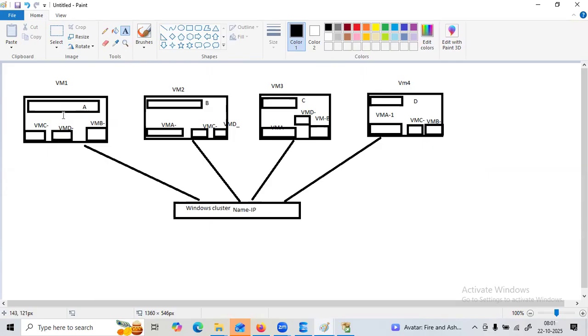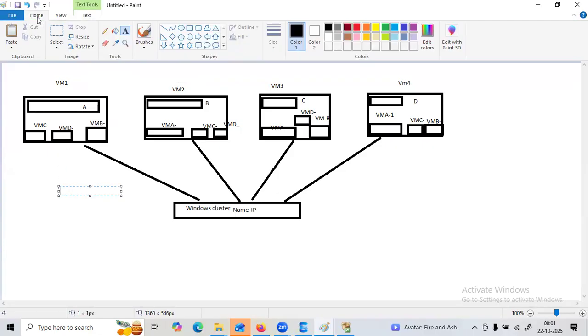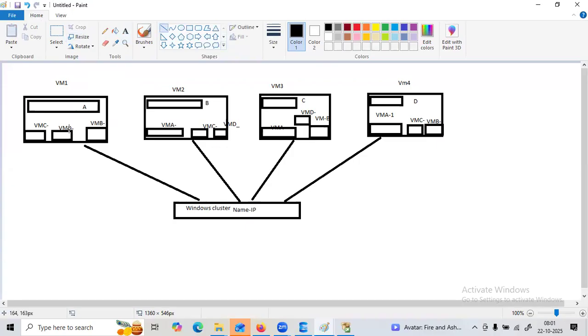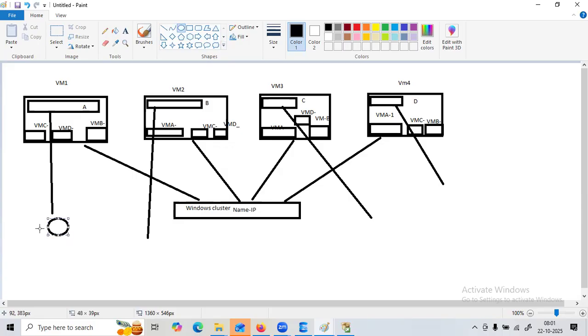So here what will happen? The quorum. We are just discussing the quorum. Okay, so this A has some storage disk, this A, B, this has some storage disk because we need to keep some data, right? So everyone has a shared disk.